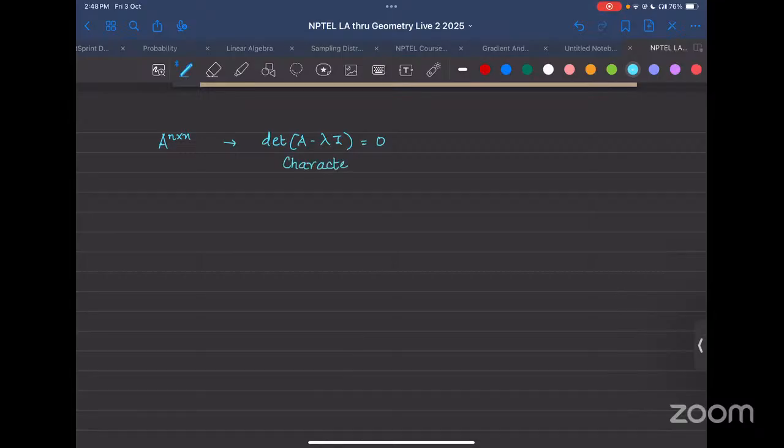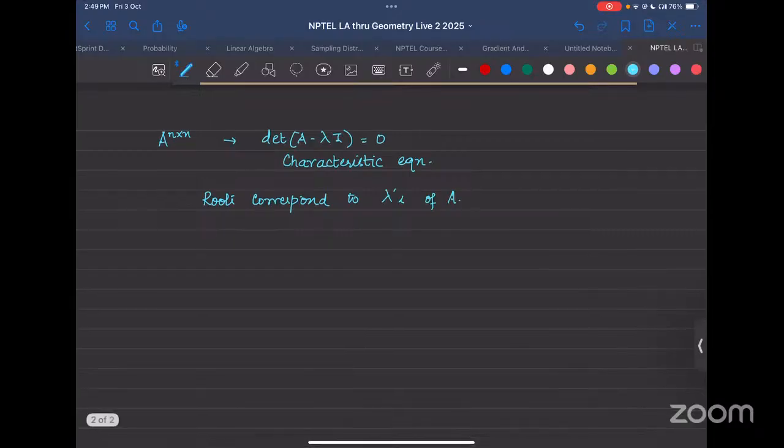You solve this characteristic equation. The roots of the characteristic equation correspond to the eigenvalues, the lambdas of the matrix A. Associated with the eigenvalues, you have eigenvectors, which are the invariant vectors for that transformation, that matrix A, wherein only the scaling of the vector happens, the reorientation does not.